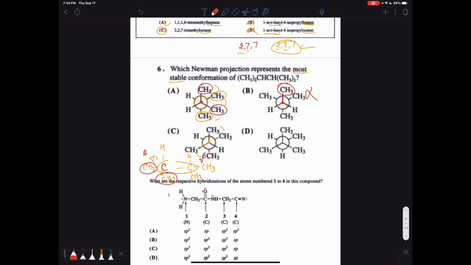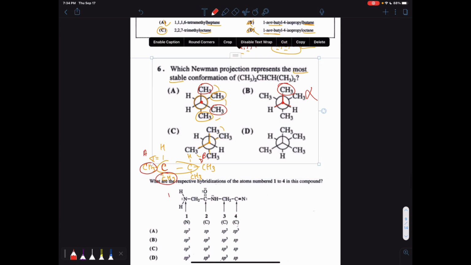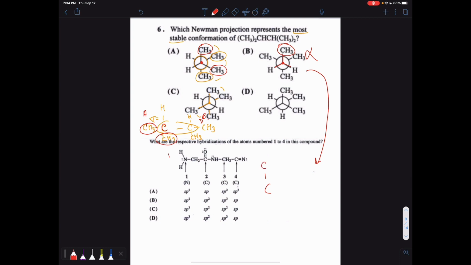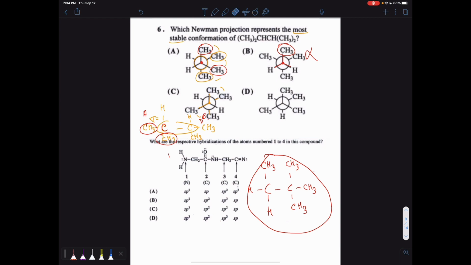So if I want to draw B out, I'm going to have something looking like this: C, CH3, C, CH3, CH3, CH3, a hydrogen, and a hydrogen. So you see, this is just a different molecular structure. So it's a structural isomer. So that's automatically wrong.